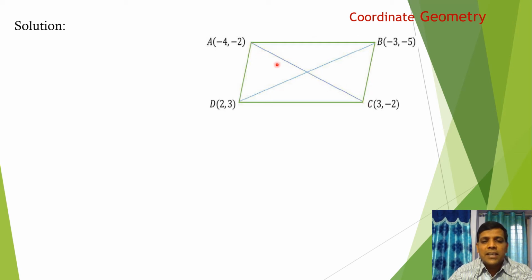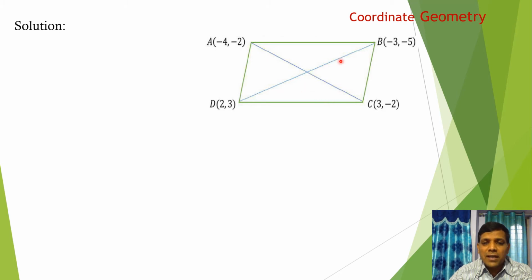So AC is a diagonal, and AC divides it into two parts. What is the first part? Triangle ABC, and triangle ADC. Two triangles. The first triangle is triangle ABC and the second triangle is ADC. Now we have to find the area of triangle ABC and the area of triangle ADC.